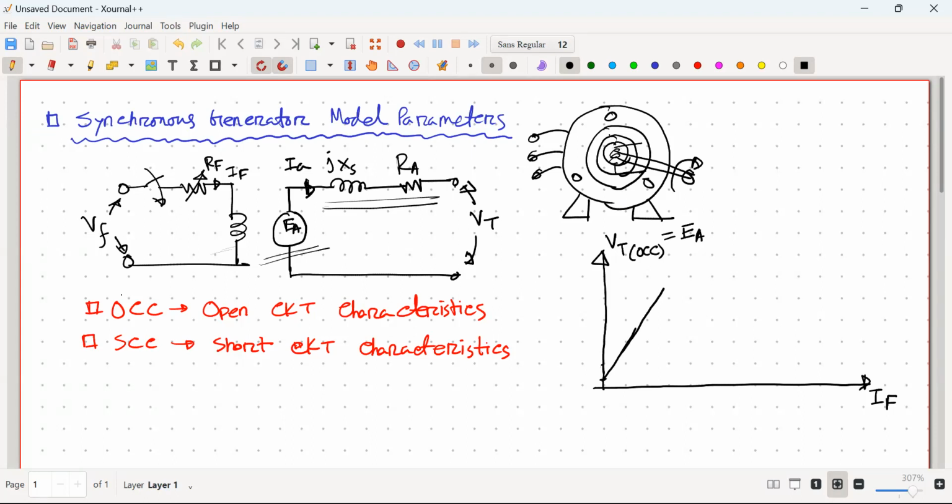Even though I increase IF, there will be saturating conditions, so I'll get the non-linear region. This is IF versus VT, or IF versus EA. EA and VT are equal under open circuit condition. So we are getting this curve.